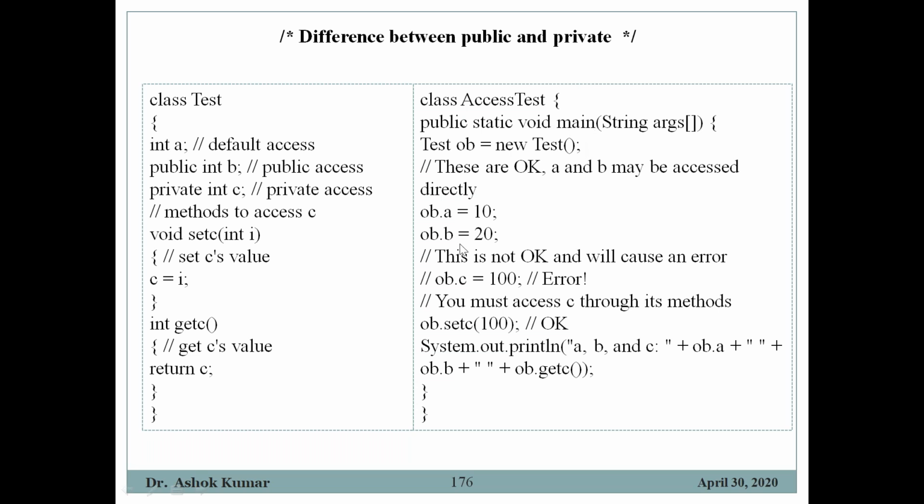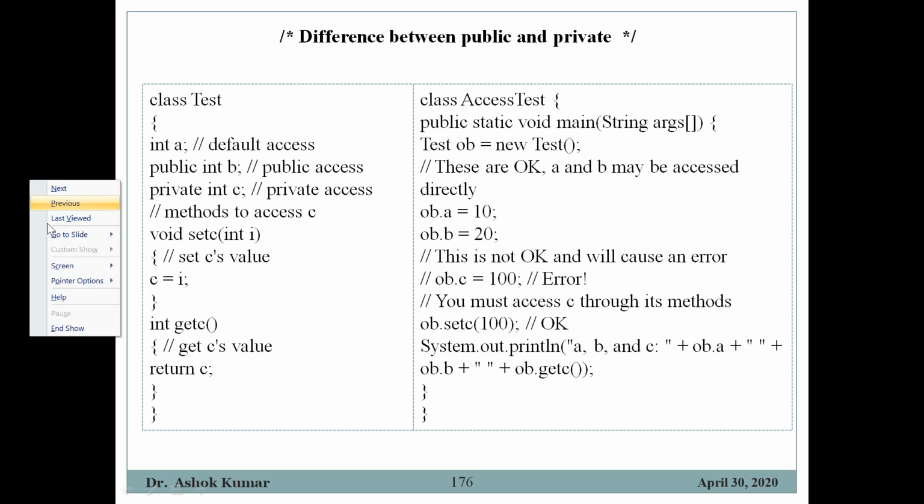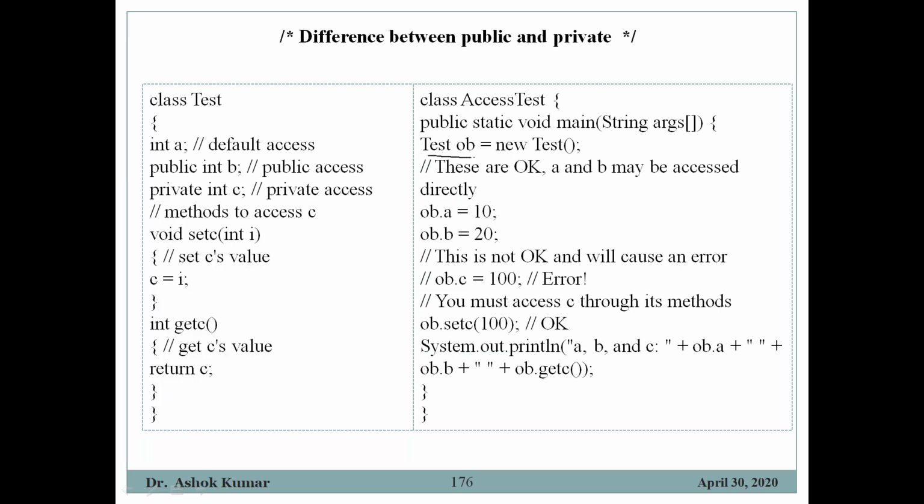Here, we have created one Test class object using the very first line. This will create the object, and the object reference will be assigned to the ob identifier. Then we are using over here ob.a.